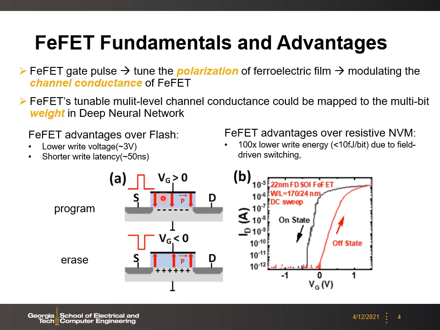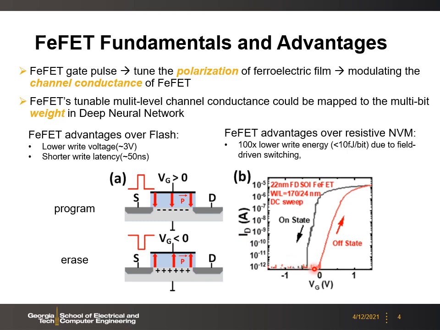The ferroelectric material can be polarized down, and then the positive charge near the interface between the gate dielectric and the channel can induce channel inversion more easily. Therefore, the threshold voltage will be decreased after the programming operation.